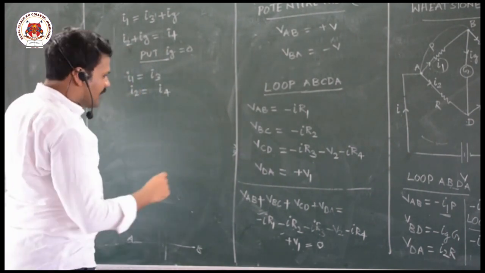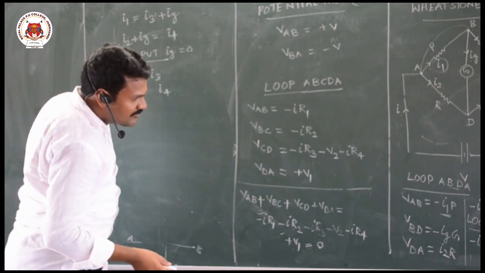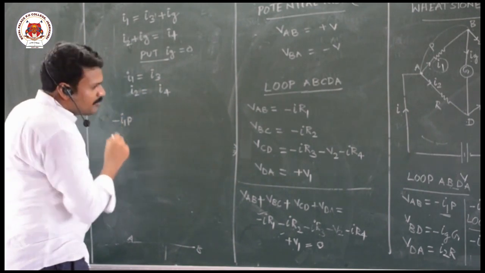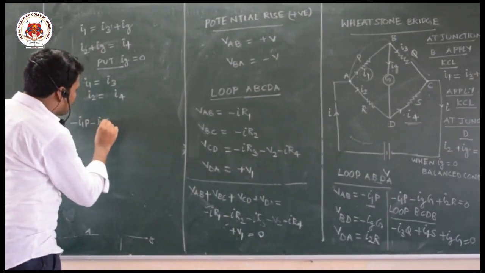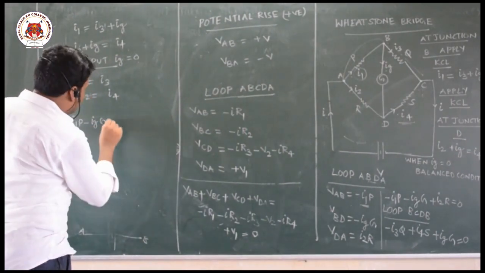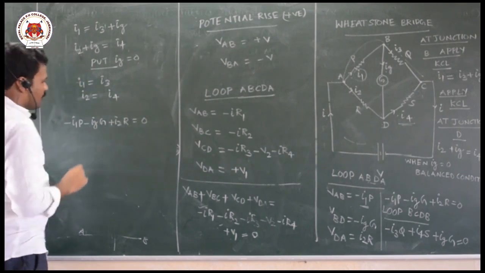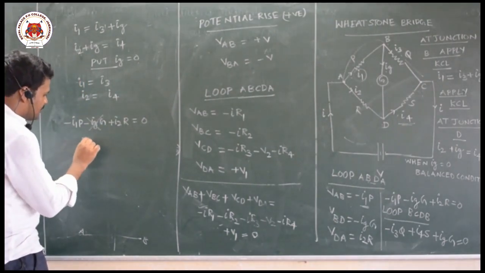Now again take the two equations of the loop law. The first: minus I1P minus IgG plus I2R is equal to 0. Put Ig equal to 0, this becomes 0, so you get I1P is equal to I2R.